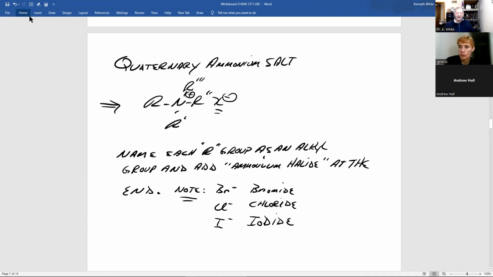Now, what we mean by halide: for Br minus, that's bromide. For Cl minus, that's chloride. For I minus, that's iodide.